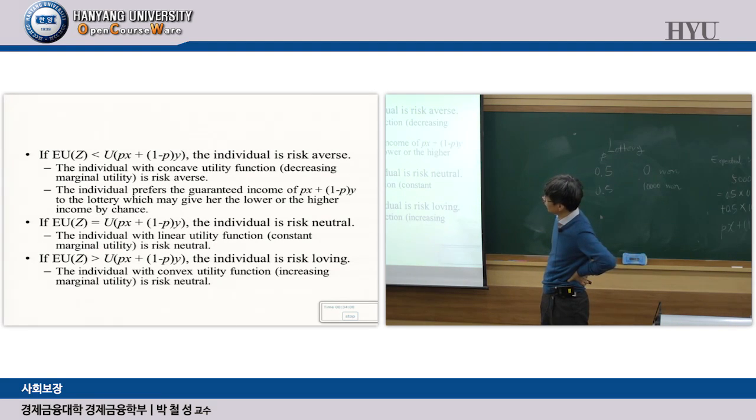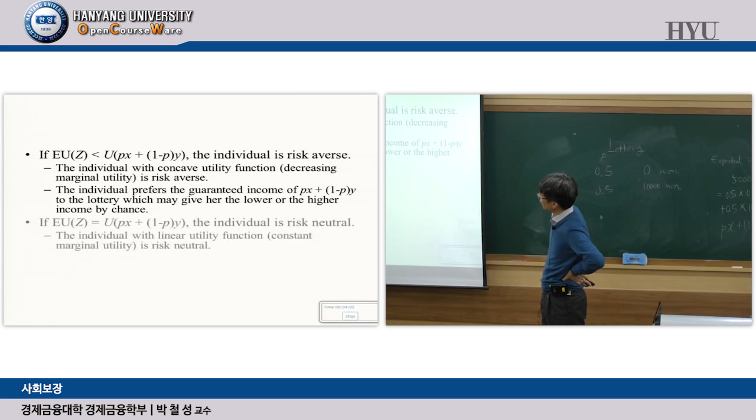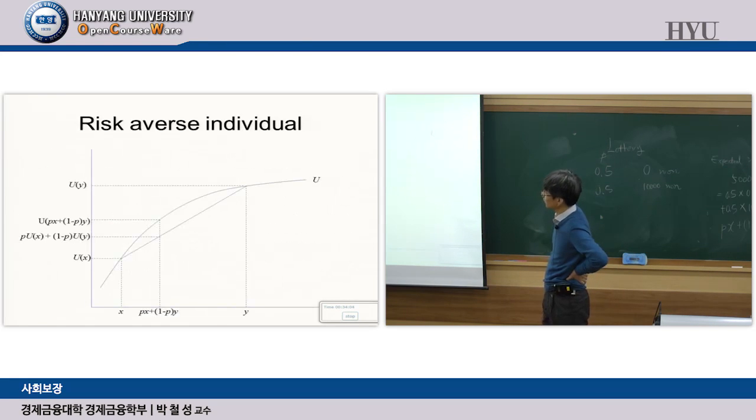Now, think of the risk averse person. Let me explain this way. We have a utility function, and this is income, so this is the utility of income. Now think of a utility function which is concave. Which means what? When the income level is low and income goes up, utility goes up quite quickly.